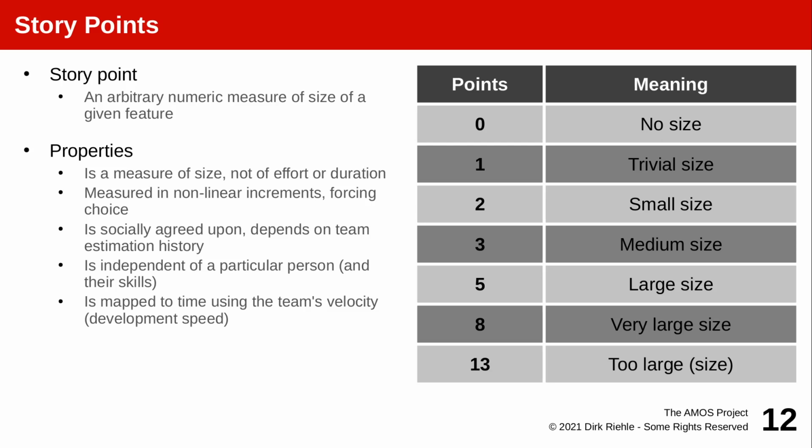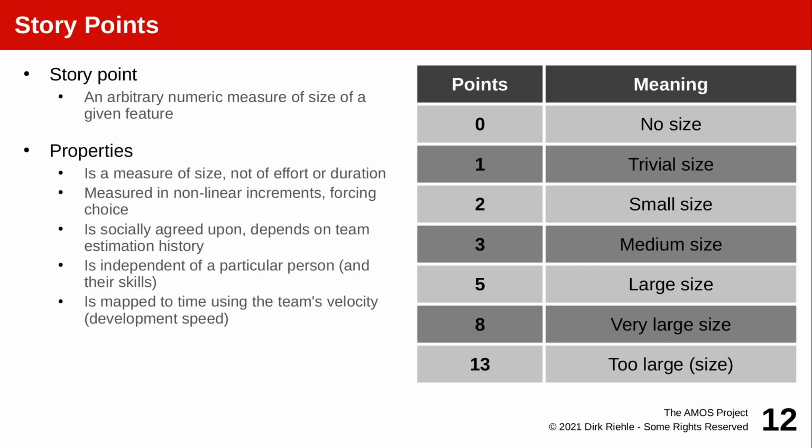And it's a completely arbitrary measure in that it's just points. It has no unit, and it should not relate to real time. It does not express real time. It expresses the complexity and size of the feature that is to be programmed.